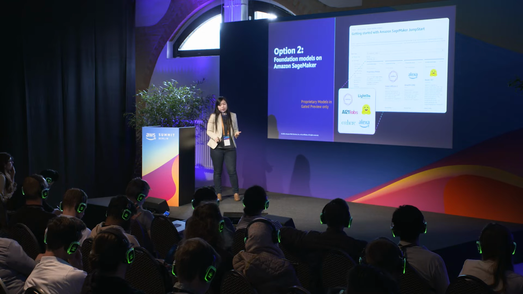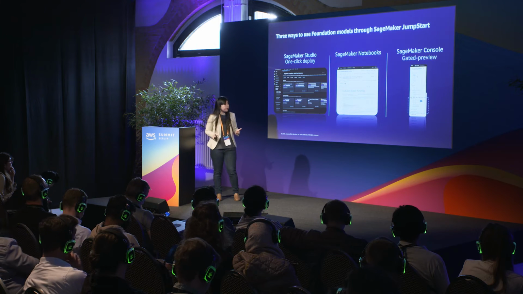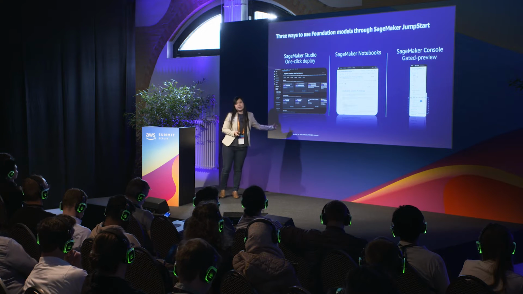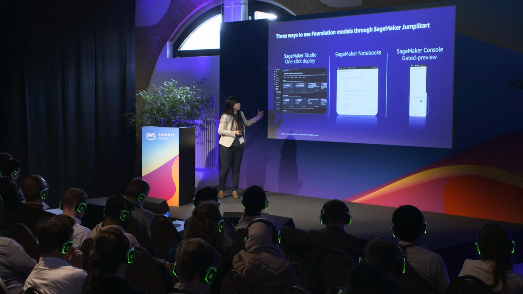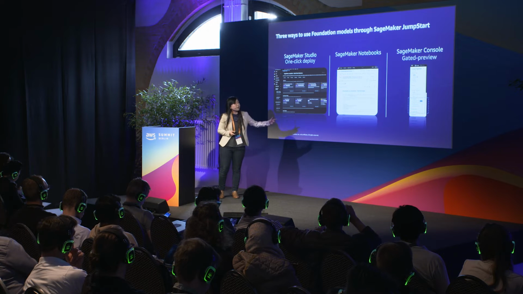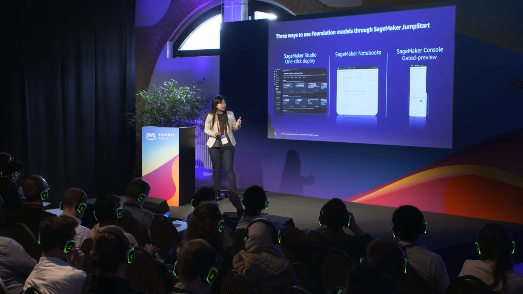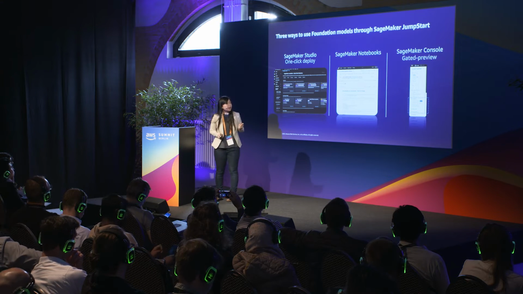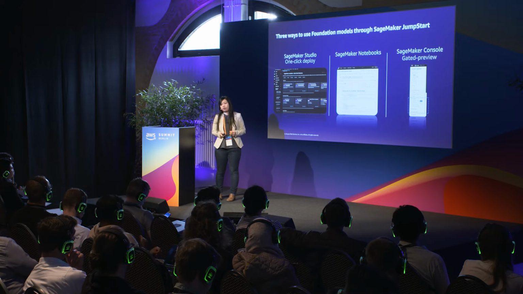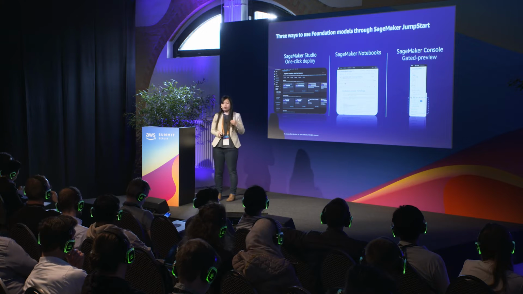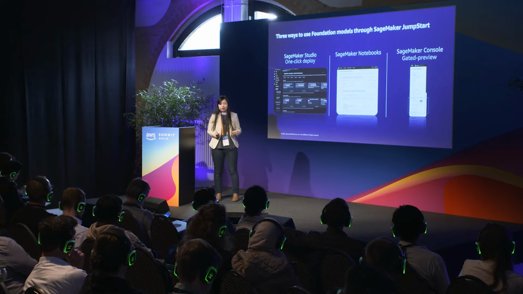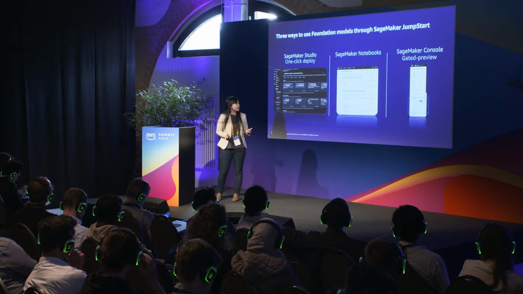So JumpStart is a really quick starter that you can leverage in SageMaker Studio with a one-click deploy, or you can play around with the notebooks. There are also some models that are in preview. So it's on demand. You can put yourself in the waiting queue and wait for your access to some of the models.